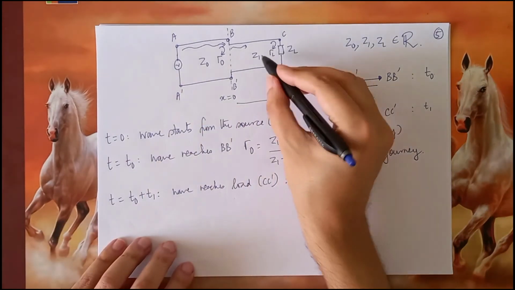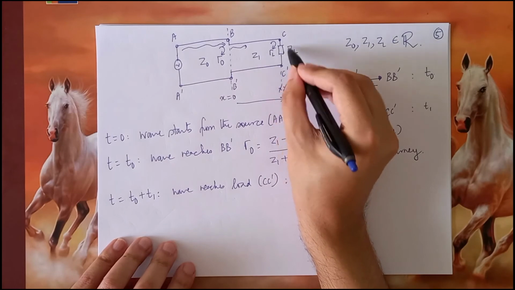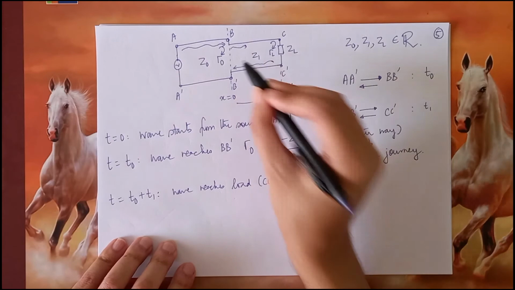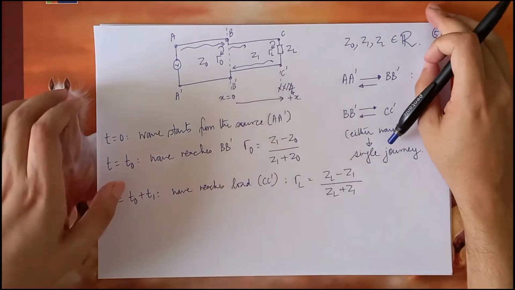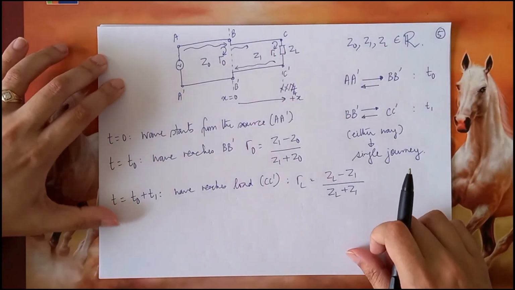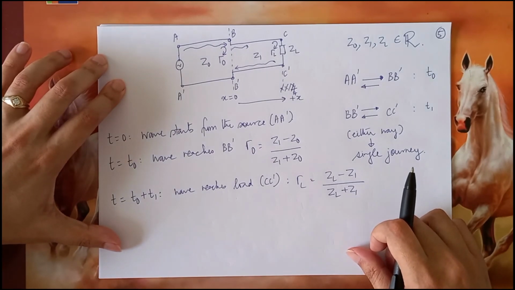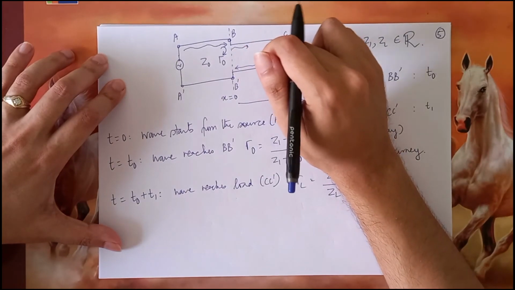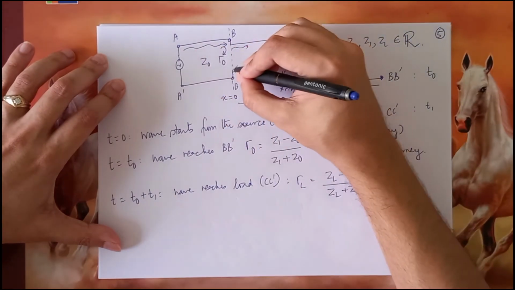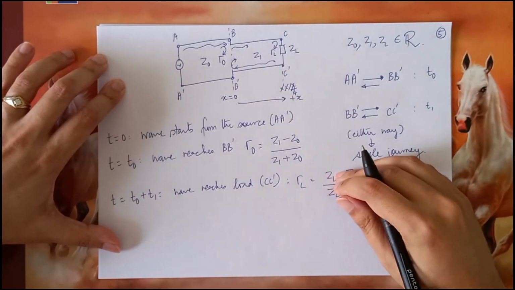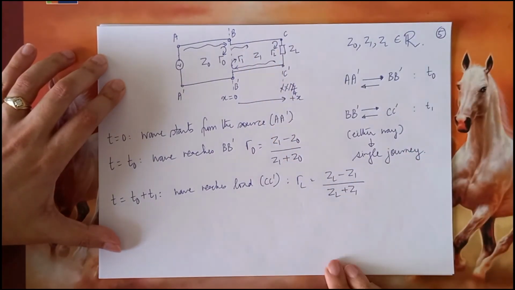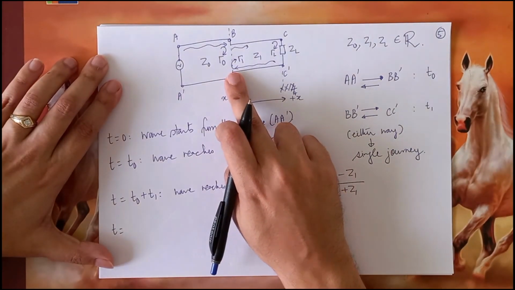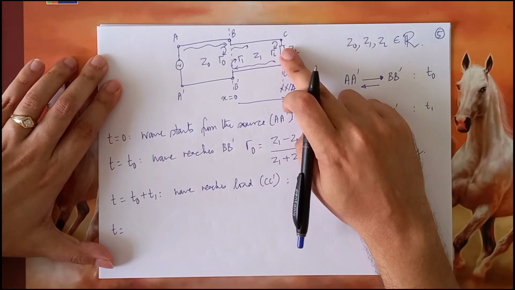What will happen next? So after reflection, some of the power will be absorbed in the load and some of it will come back. Again, it will hit this boundary. And at this boundary again it is crossing over from Z1 to Z0. So some reflection will happen. Let's call it gamma 1. So let's say time. At what time will this come over here? The last reflection happened at t0 plus t1.